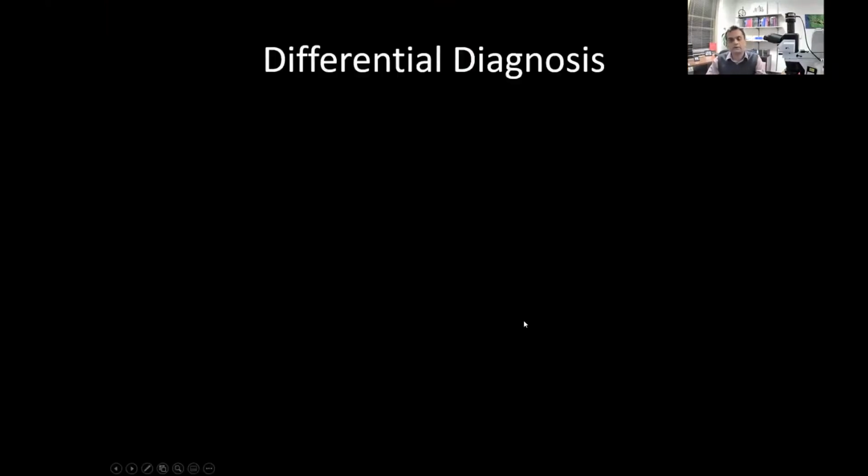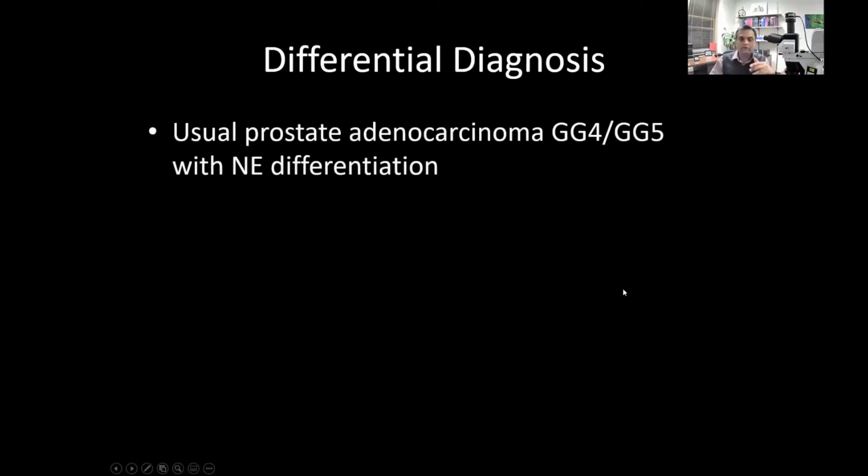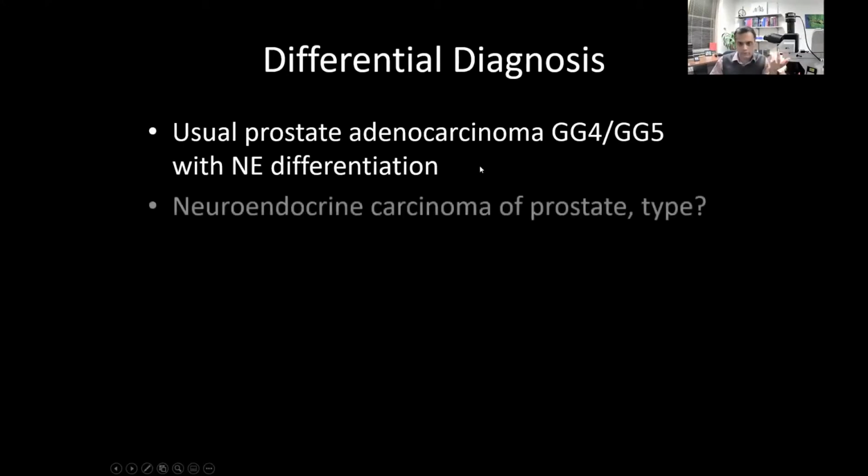So at this point, we have to reconsider our differential diagnosis because now we have started to think of some neuroendocrine entities in the prostate. Could this be a usual adenocarcinoma of the prostate as we decided previously? Maybe a Gleason grade 4, maybe a grade group 4 or a grade group 5 cancer with some neuroendocrine differentiation. That's one possibility.